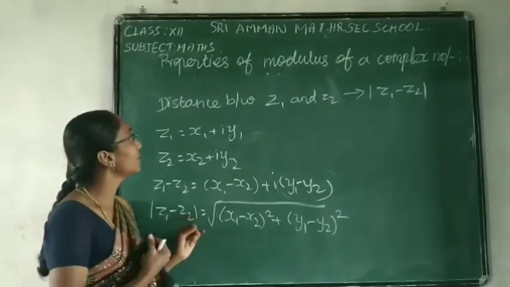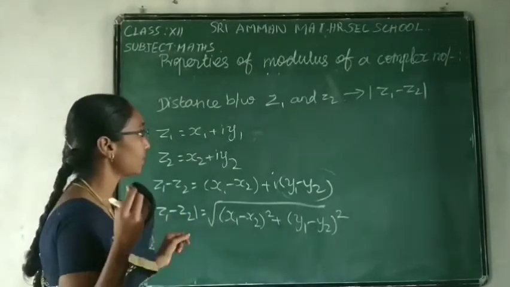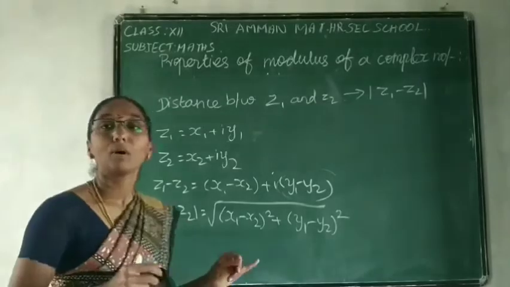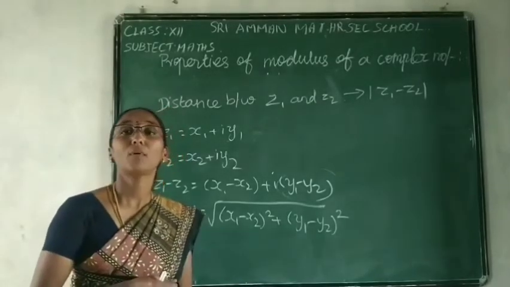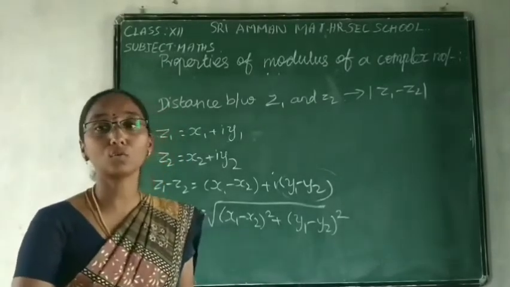This is the distance between two complex numbers, represented by the modulus of Z1 minus Z2.